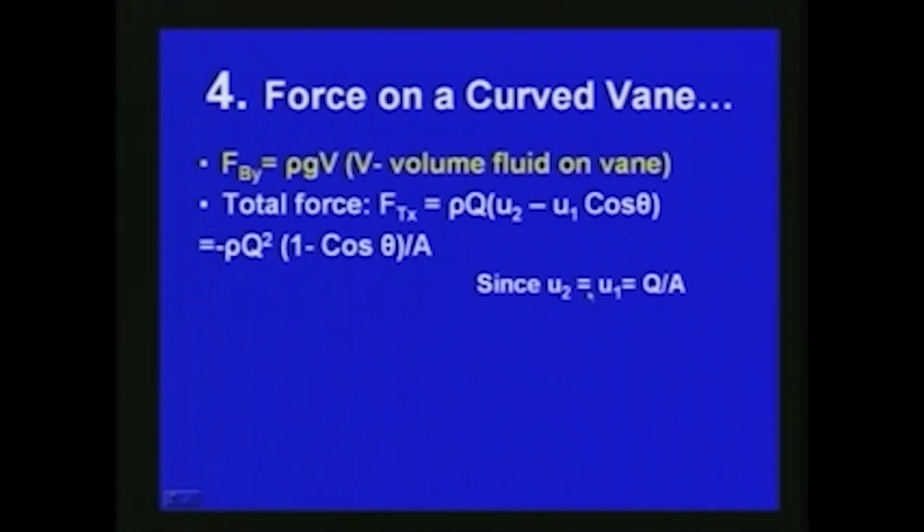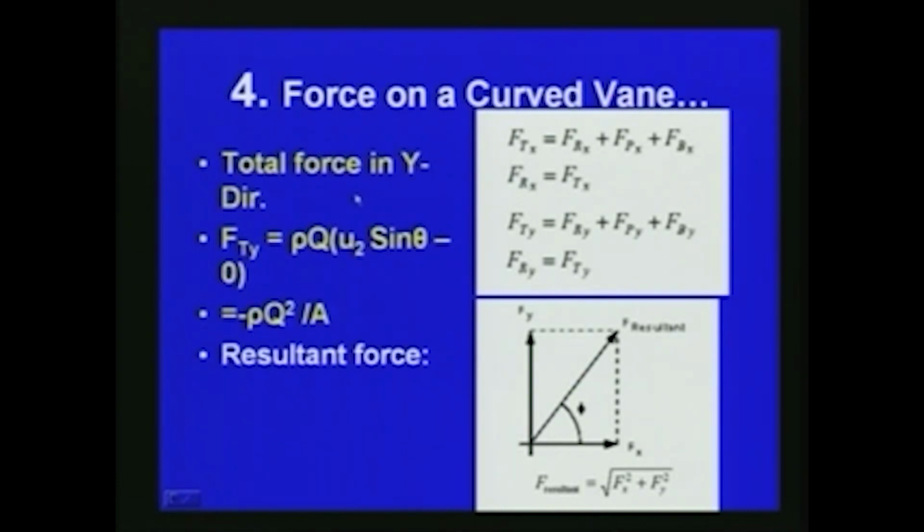Since u2 is equal to u1, which is equal to Q by A, where Q is the total discharge, we can substitute u2 and u1 with Q by A. Finally, the total force is minus rho Q square into 1 minus cos theta by A. This gives the total force on the curved vane.